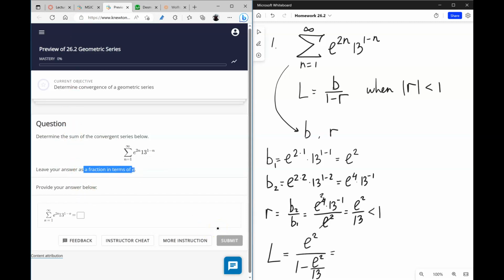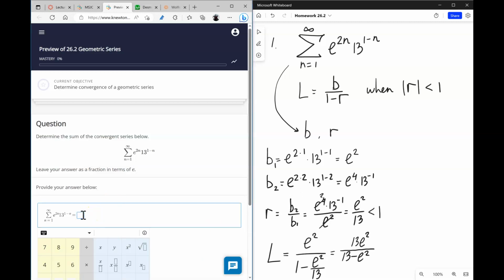After we simplify everything, we may have to multiply everything by 13 and divide by e squared. Actually, we're not going to divide by e squared, so we'll just keep e squared. 13 minus e squared, that's the answer.